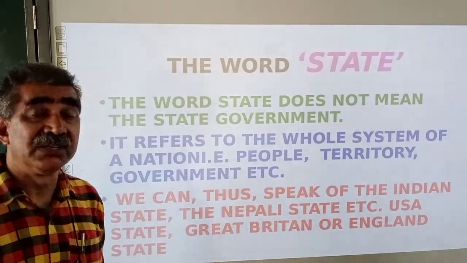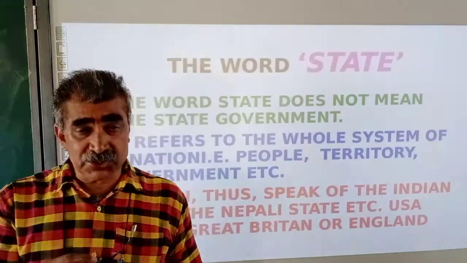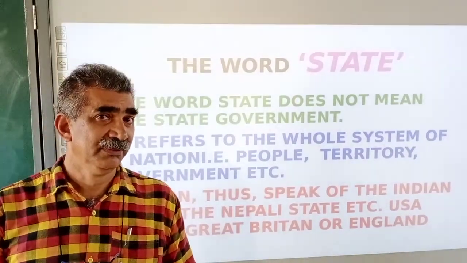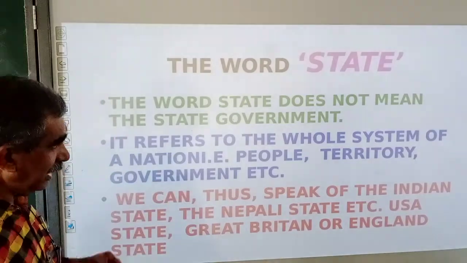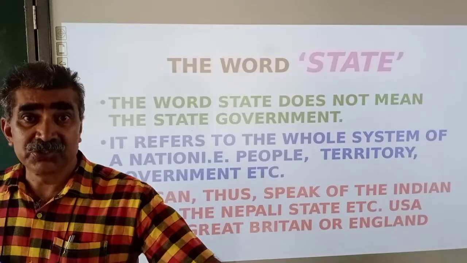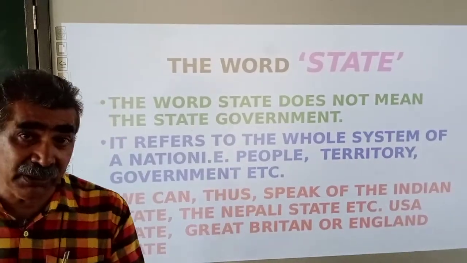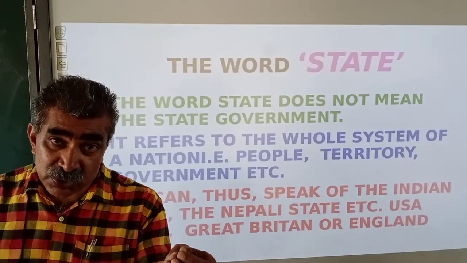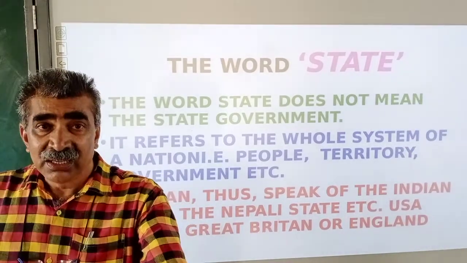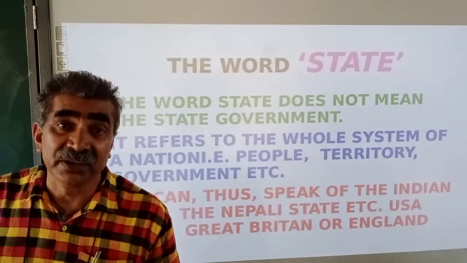So the constitution is for the state, not for the government, because it is for the people. And there it will mention the shape of the territory and the shape of the government. So a constitution is written for the state of India.